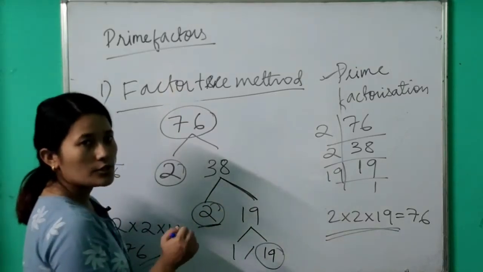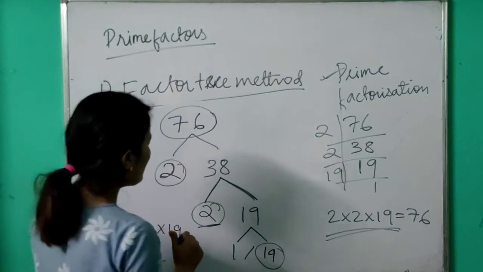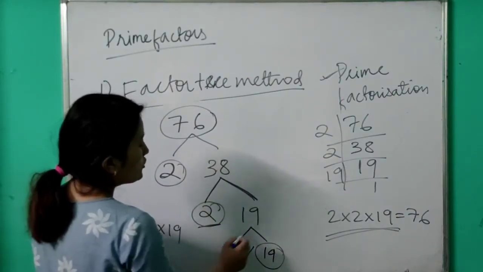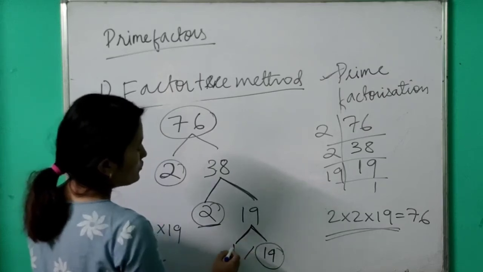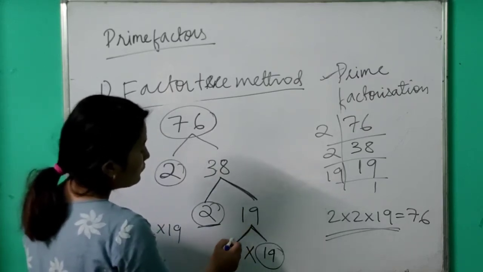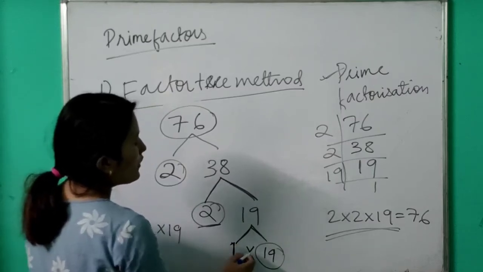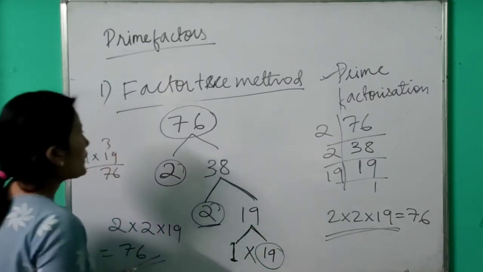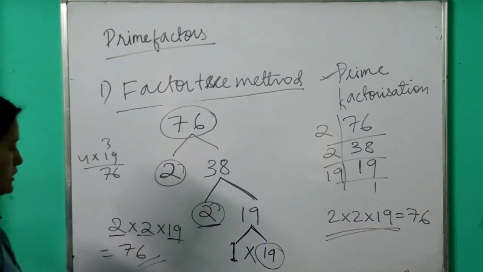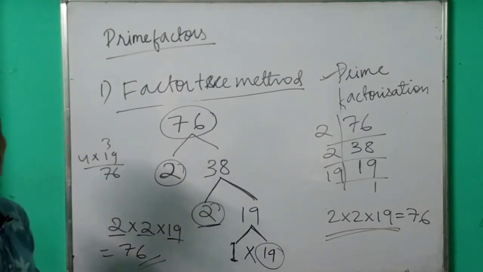We always start with the smaller prime number, keep that in mind. So 2 into 19 would give you 38. 19 is a prime number, which is divided by only itself and 1. So 1 into 19 is 19. So what are the prime factors of 76? 2, 2 and 19 are the prime factors of 76.